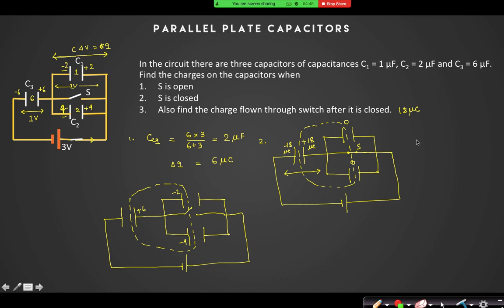Isolated means, suppose I draw a simple series capacitor. Can you identify the isolated plates here? The middle two, yes. This system is isolated. Whatever may be the charge on this system initially, it will remain constant.